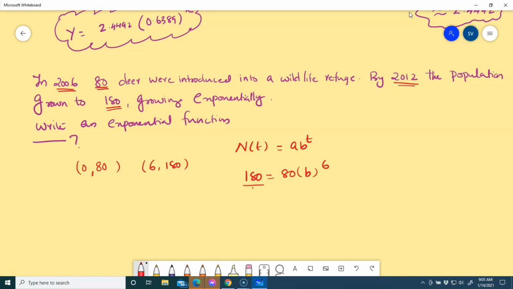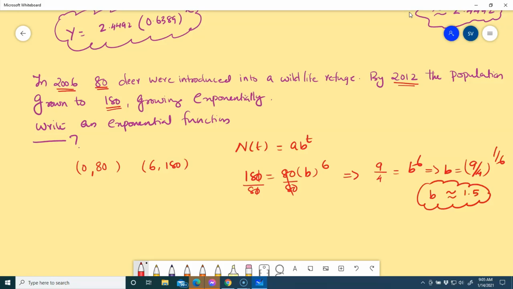Eliminate 80 on both sides. So 180 divided by 80 is 9/4. So 9/4 is equal to b to the power 6. So b is equal to 9/4 to the power 1/6, which is approximately 1.5. Interesting. We have b.